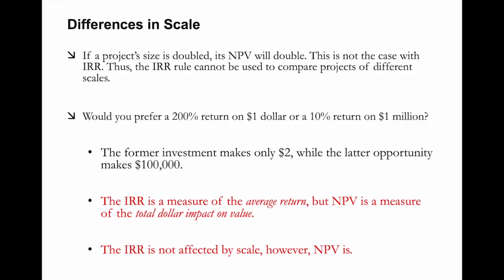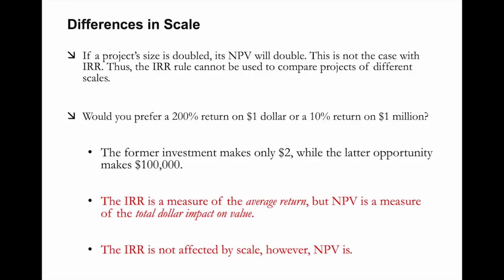The former, although it's a 200% return, that's great, is only going to make you $2. While the latter opportunity, 10% on $1 million, is going to return you $100,000. So the percentage return can be very high, but the dollar amount that you're earning can be trivial. This is where the size of the project actually matters. The scale of the project is important.